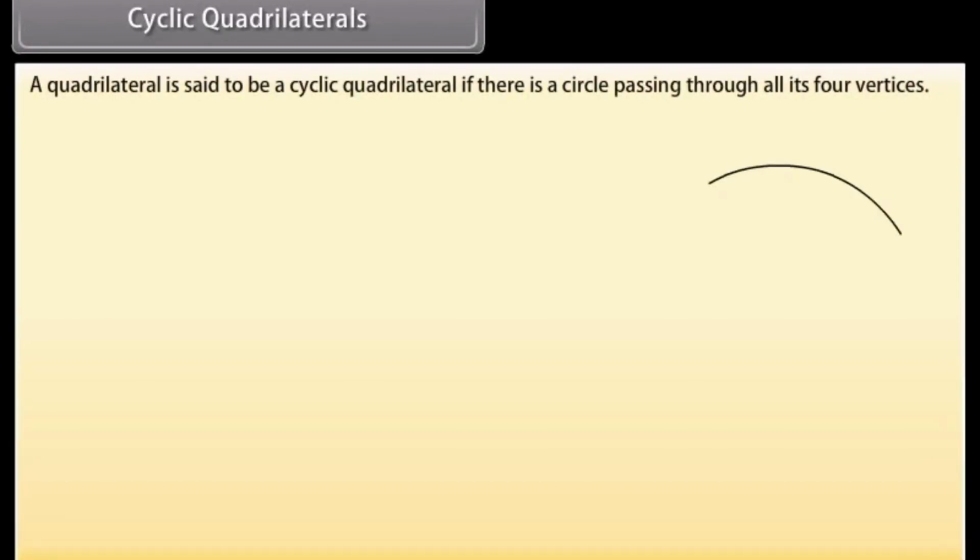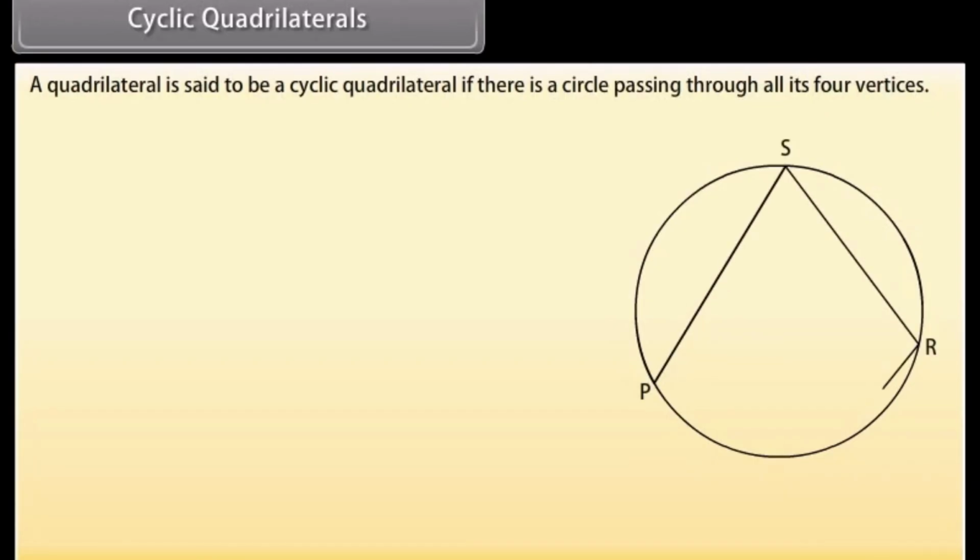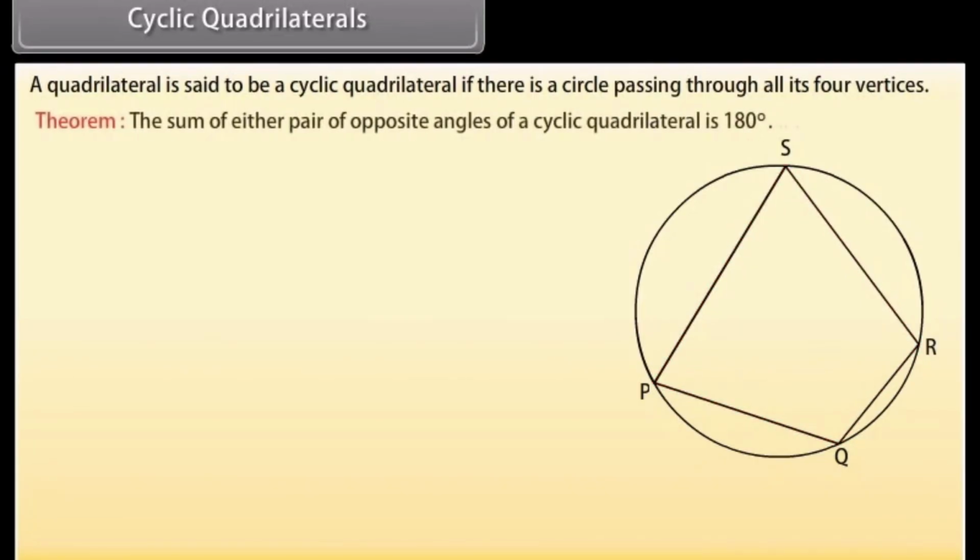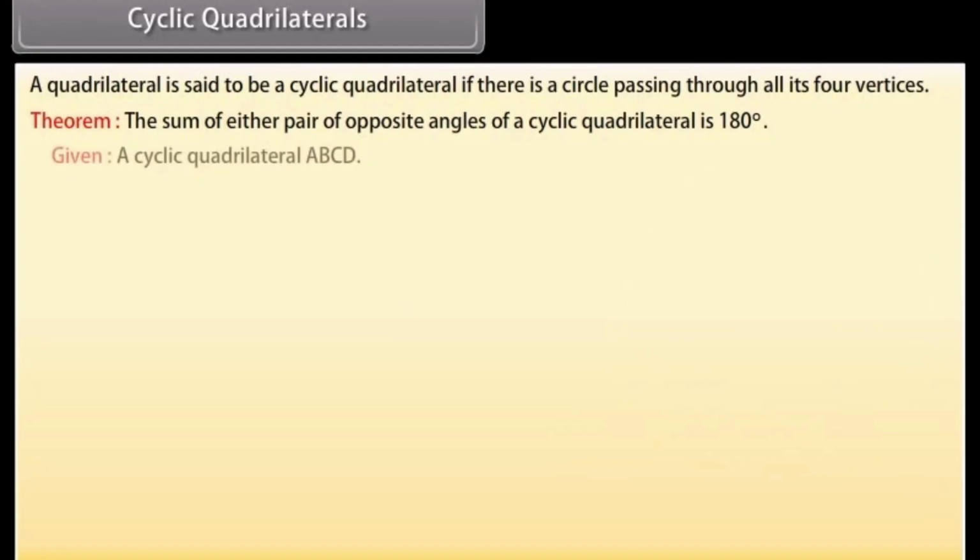Cyclic quadrilaterals. A quadrilateral is said to be a cyclic quadrilateral if there is a circle passing through all its 4 vertices. In the figure, PQRS is a cyclic quadrilateral. Theorem: the sum of either pair of opposite angles of a cyclic quadrilateral is 180 degrees.